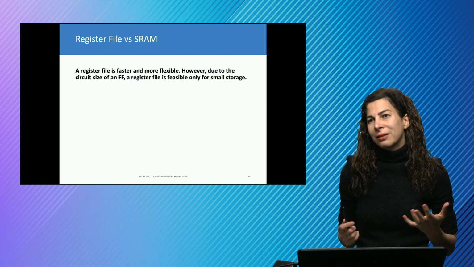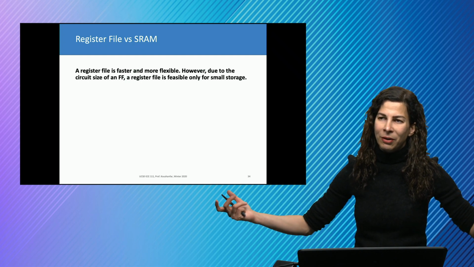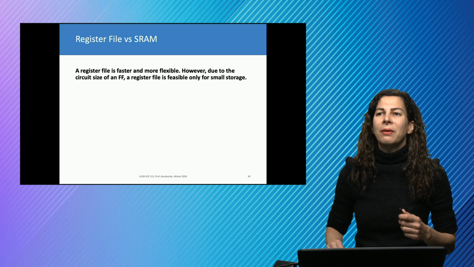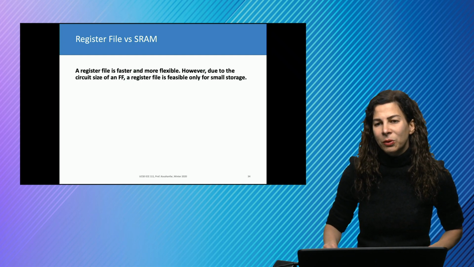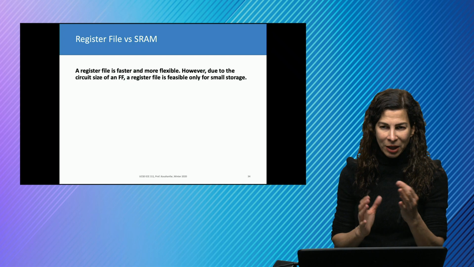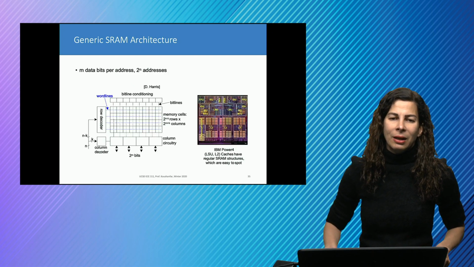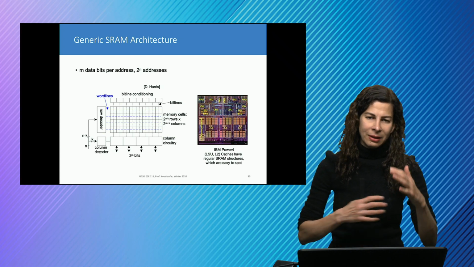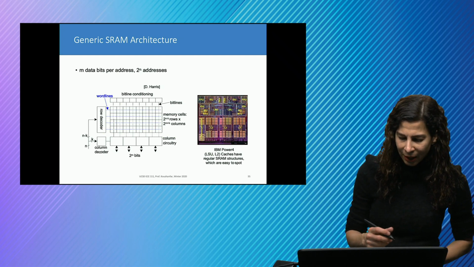The register files have this big overhead of area and power, but they're faster and more flexible. They are not able to store a lot because they're not very compact. The SRAMs, on the other hand, are more compact, and they can be arranged in arrays.